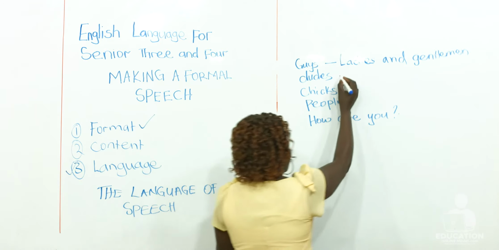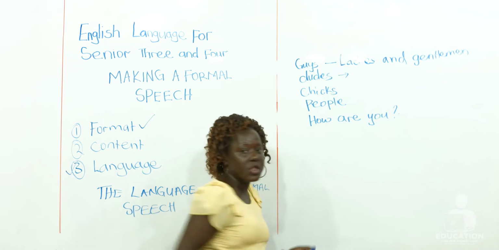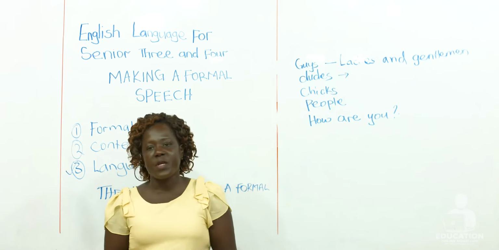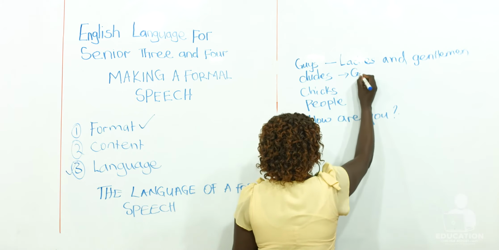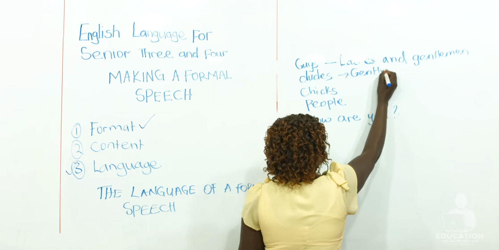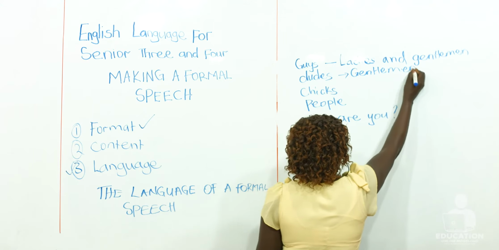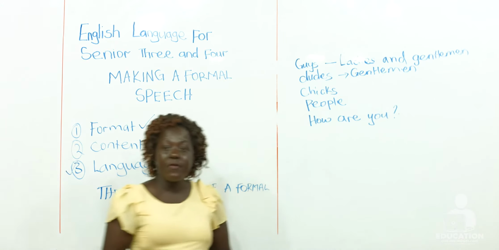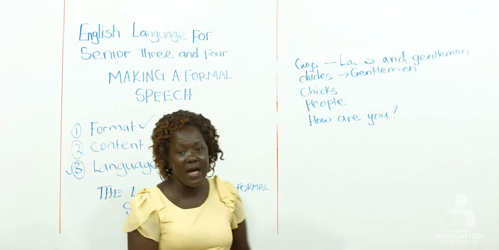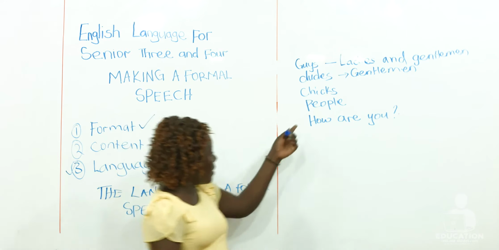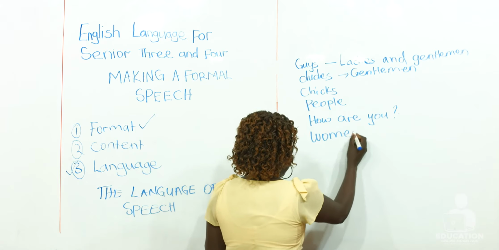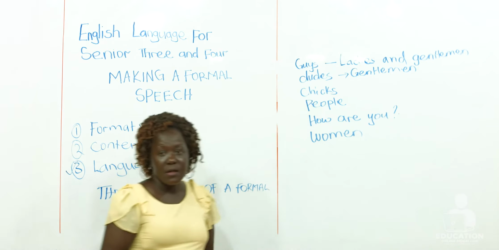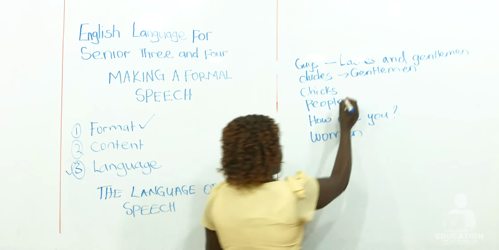Then instead of saying the dudes, all the dudes who are here, referring to gentlemen, you should say gentlemen. Then instead of referring to ladies as women or even chicks, you better say ladies.